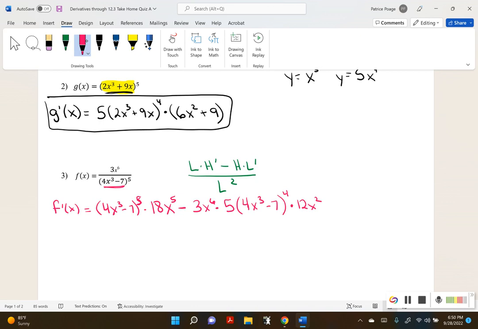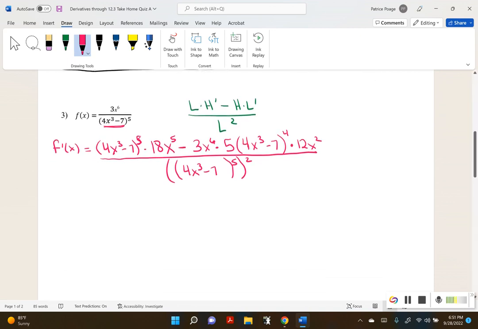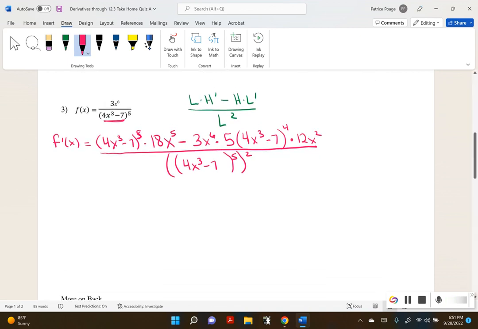So we've done the low d high minus high d low part. And that's going to be over the square of what's below. So what's below is to the 5th power, and we're going to square it. All right, so that is the calculus step. Now we're going to simplify.